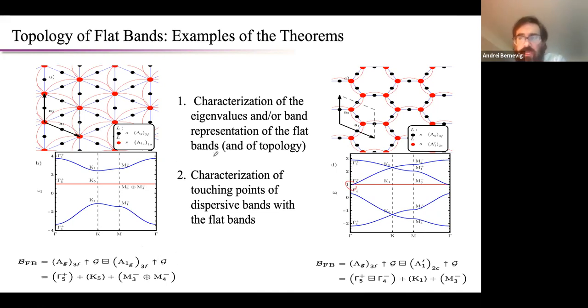Okay, so let's see how you can get the dispersive to flat band degeneracy points. First, let's look to the left.